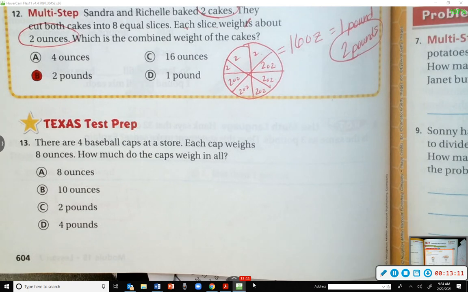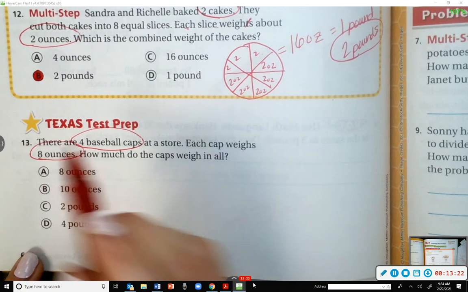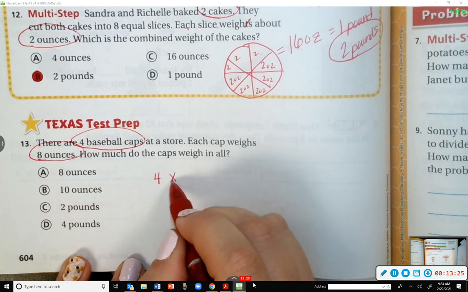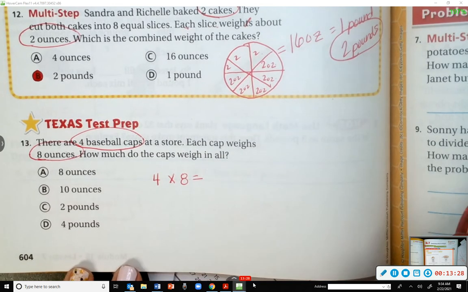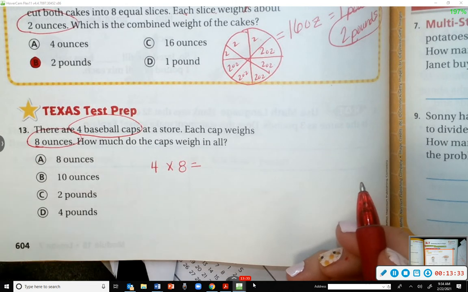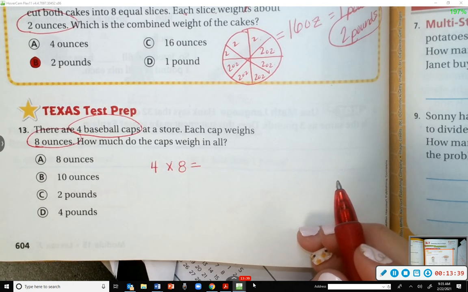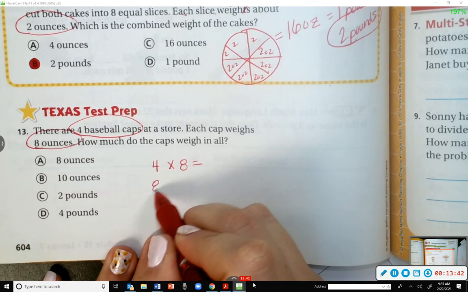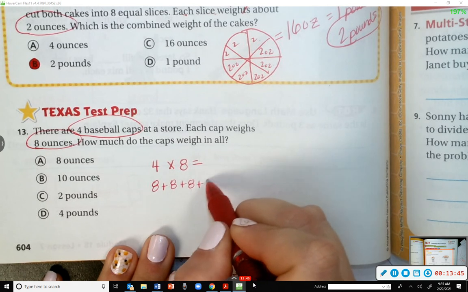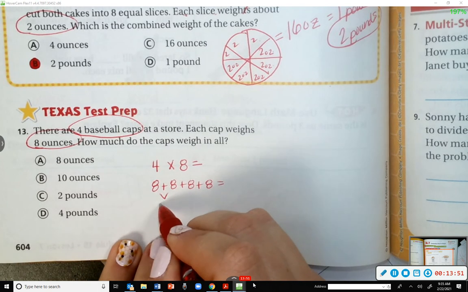Okay, so for number 13, who can tell me what they did to work this out? Bryson? Good. Multiply 4 times 8. 4 baseball caps. They each weigh 8 ounces. So 4 times 8. If you don't know what it is, you have to use a strategy. You could skip count by 4. You could draw equal groups. You can add over and over again. So if I added, I could do 8 plus 8 plus 8 plus 8. What's 8 plus 8? 16.